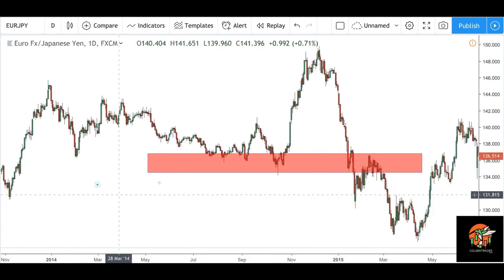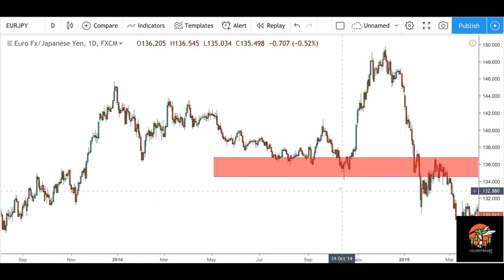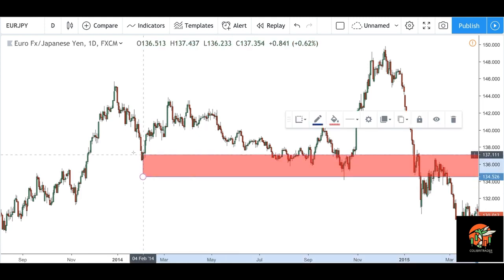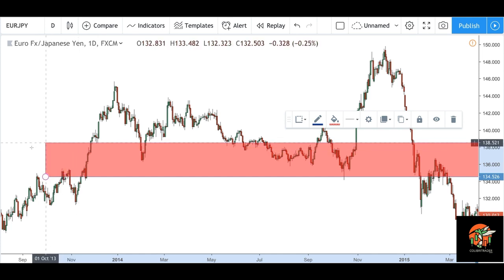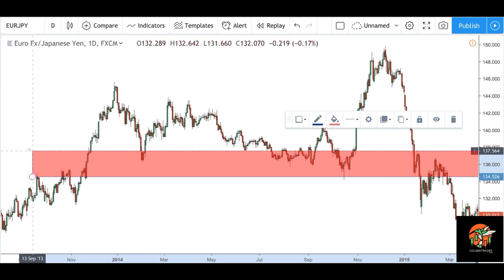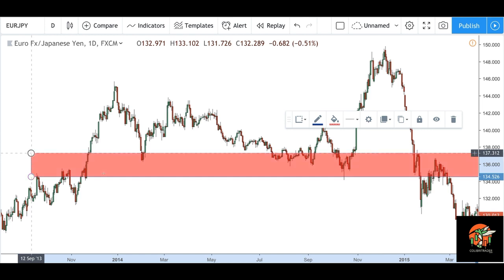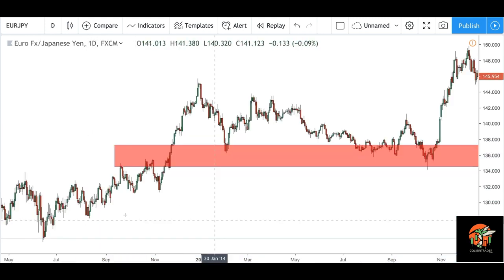And if I go even further back in time, you're going to see here one more time, and again it used to be a resistance level, which turned into a support level here after it was broken with those couple of green candles.